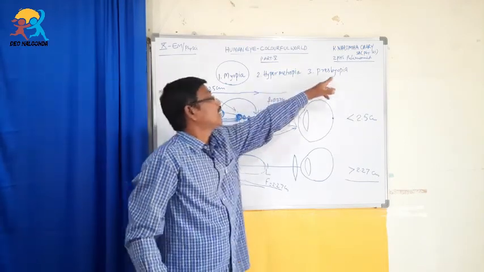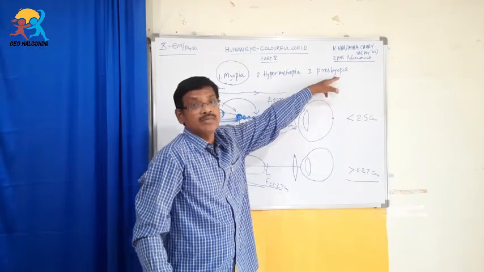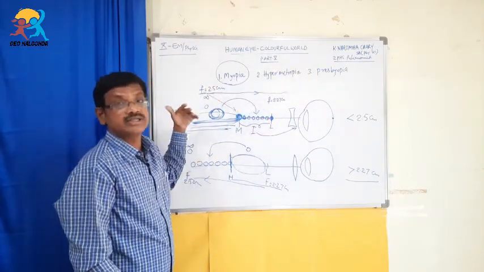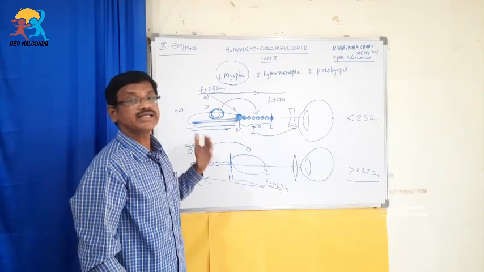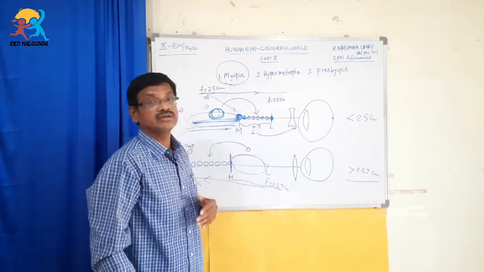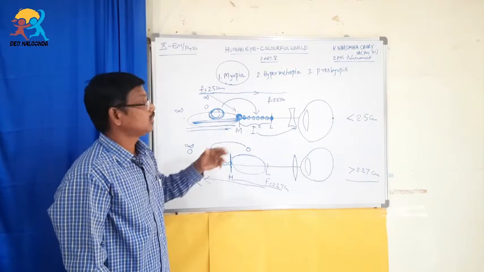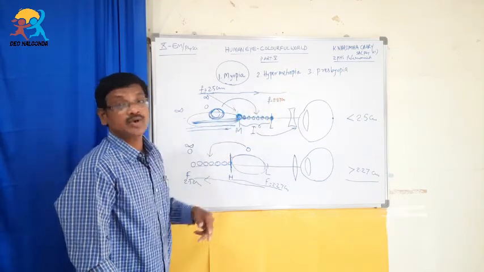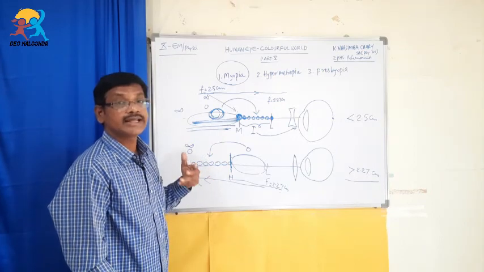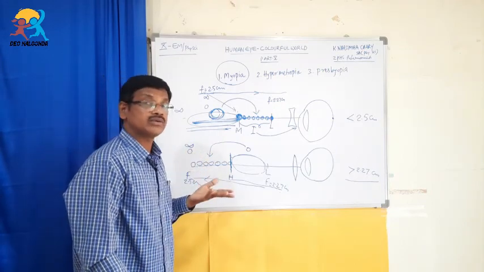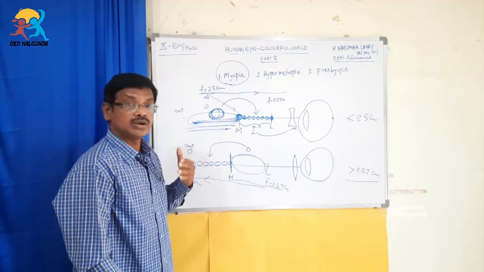Now, speaking about presbyopia, presbyopia is a defect that comes with age. As age increases, this kind of defect arises. So, to correct presbyopia, we use a bifocal lens containing both concave lens and convex lens.